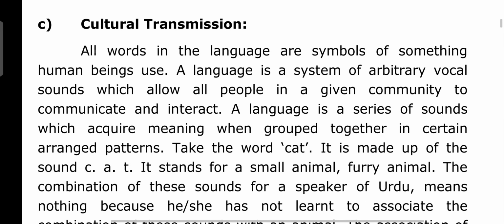Cultural transmission. All words in a language are symbols of something human beings use. A language is a system of arbitrary vocal sounds which allows all people in a given community to communicate and interact. A language is a series of sounds which acquires meaning when grouped together in certain arranged patterns.